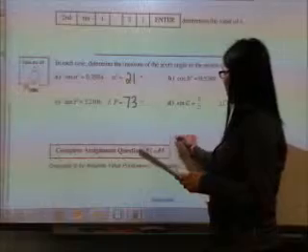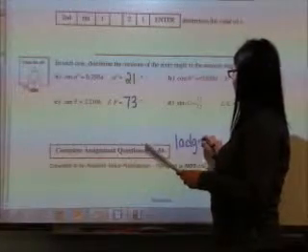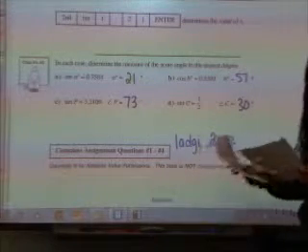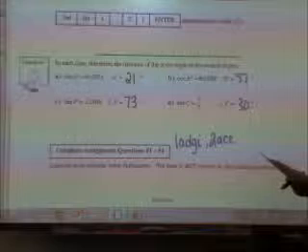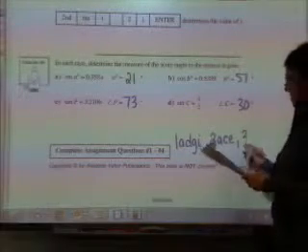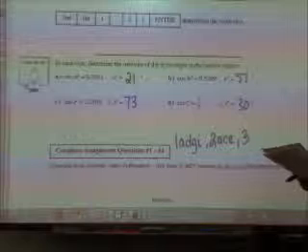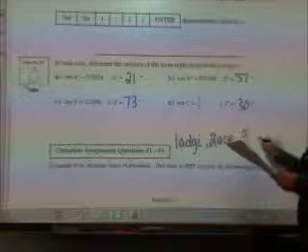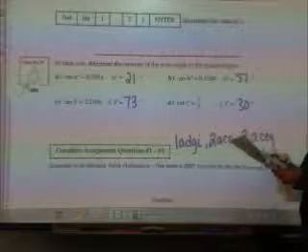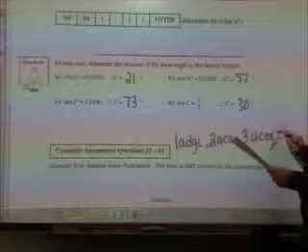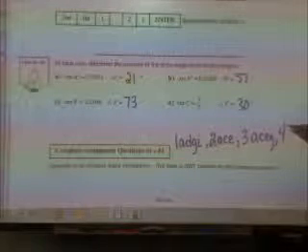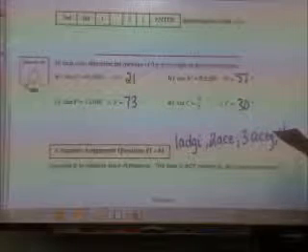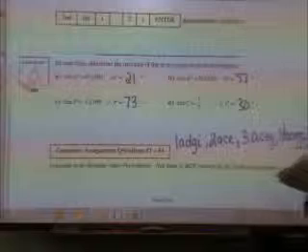Question number 1, parts A, D, G, and I. Question number 2, parts A, C, and E. Question number 3, let's do A, C, E, and G. And for question number 4, A, C, E, G, and I. So every second one.